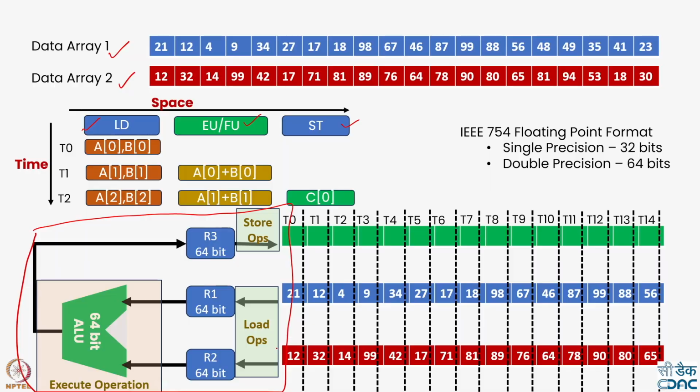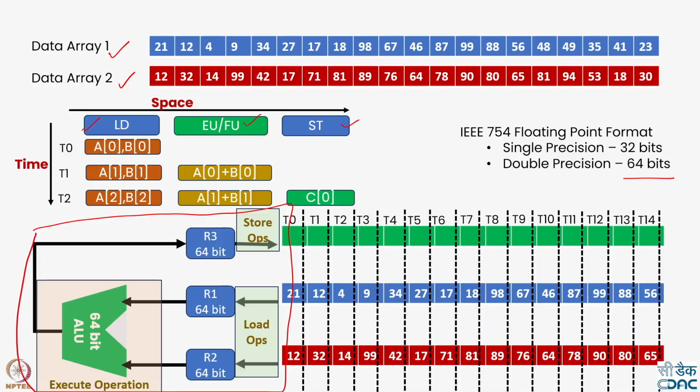This data will go to the 64 bit ALU unit, where the actual execution will be performed like addition or multiplication or any logical operation. After this operation, data will be stored in some register R3 or any temporary register, and then finally, the store unit will come into action and will store the result into the global memory. In this scenario I am considering each element to be 64 bit and it supports double precision.